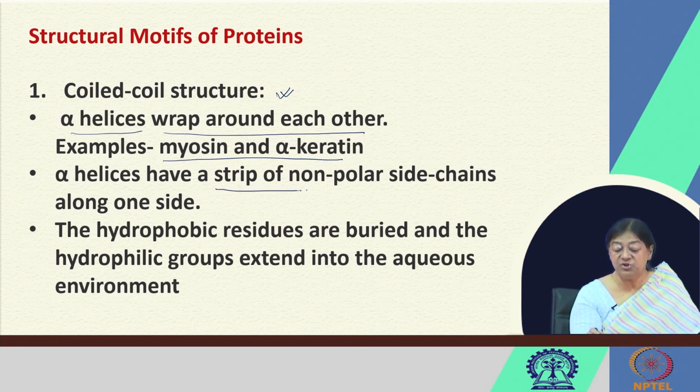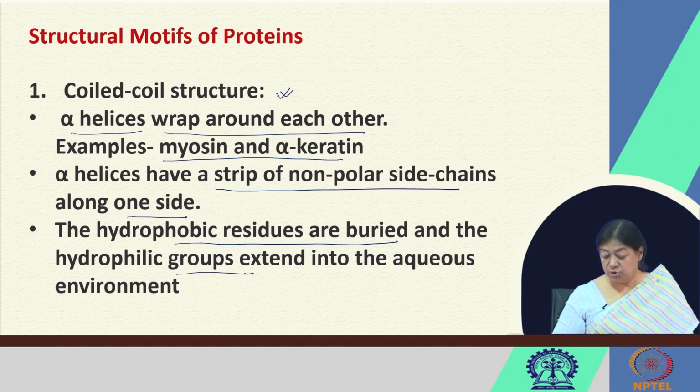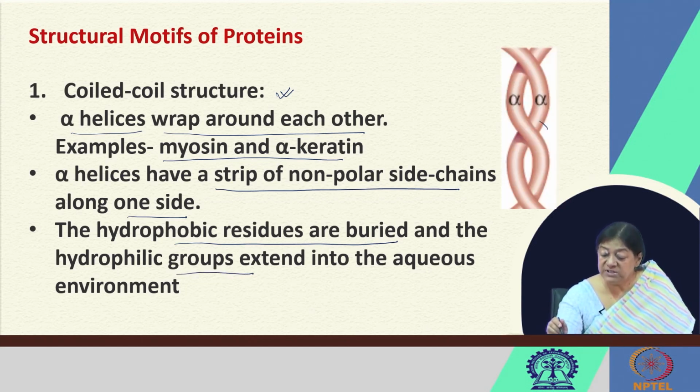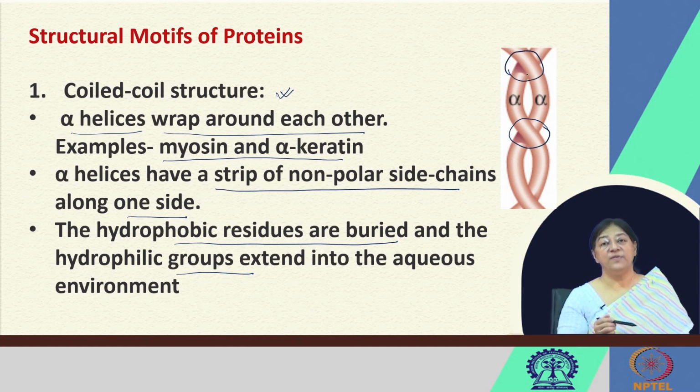That means they have a strip of non-polar side chains along one chain, and the hydrophobic residues are buried and the hydrophilic groups extend. So, the overlap that we see here, where the chains interact with each other, have hydrophobic interactions that allow for these specific interactions to occur between the 2 chains.